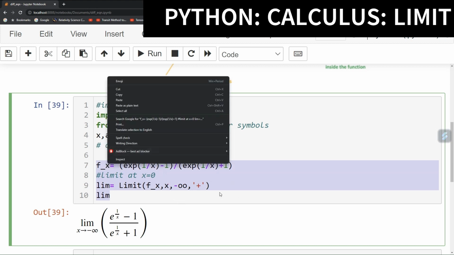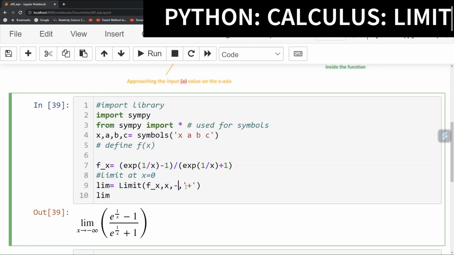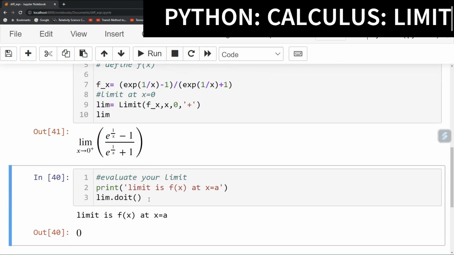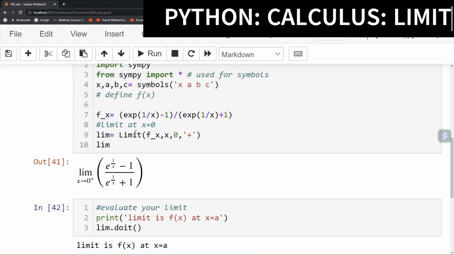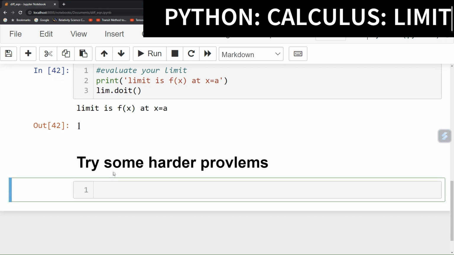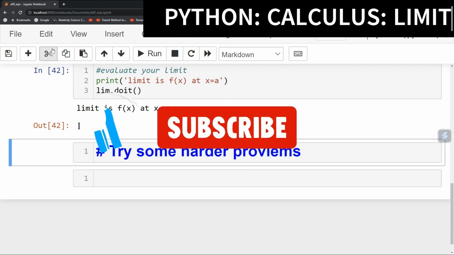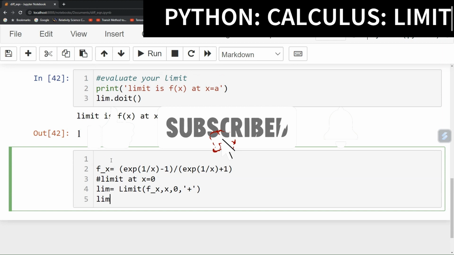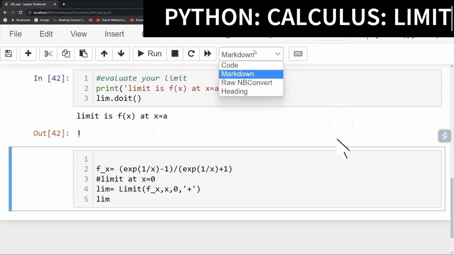Or maybe you can just give it here 0 plus, and then the same thing you can copy here. And then you can give here 0 minus.